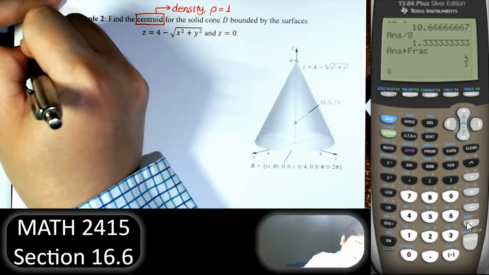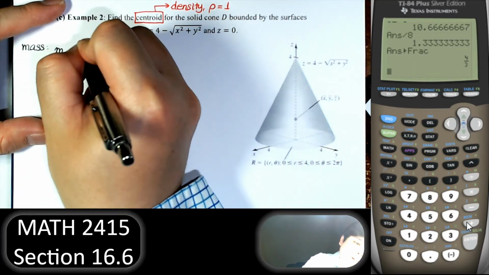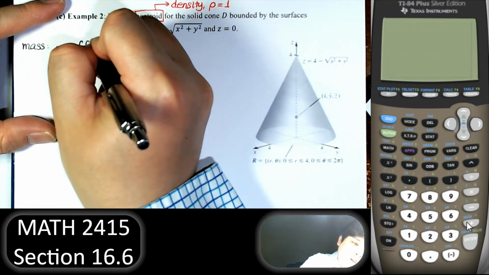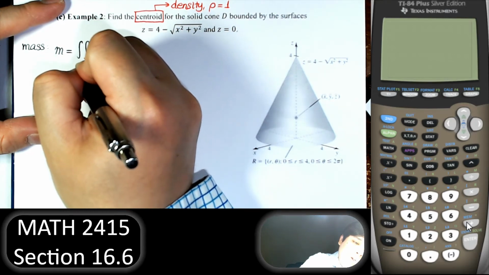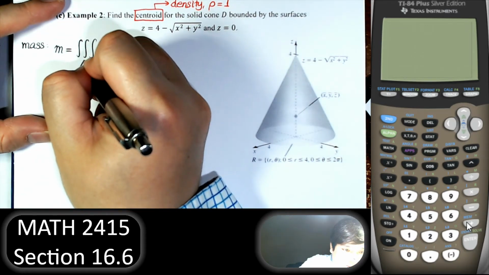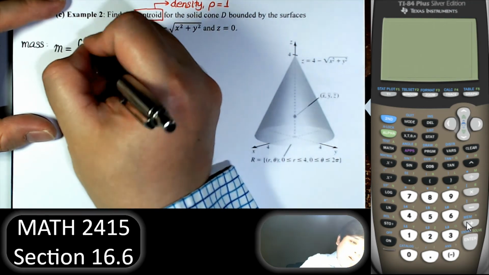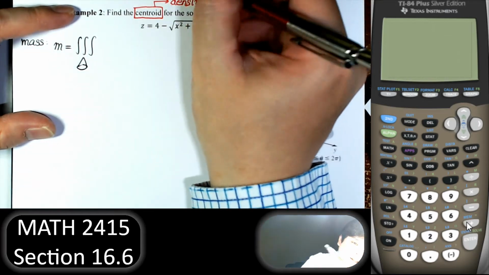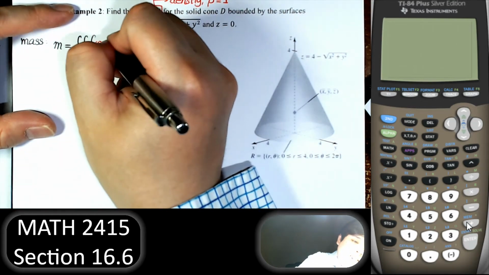So for mass, it's going to be a cone. And then the density function is 1, and then just dV.